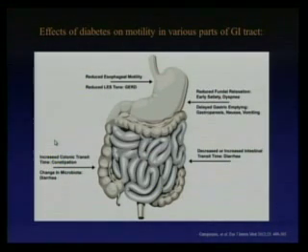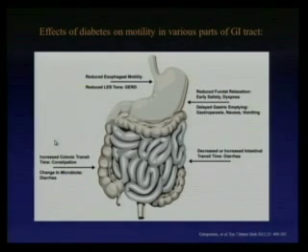As mentioned on the previous slide, diabetes can attack any organ in the body, and that includes any organ in the GI tract. So you can have a reduction in esophageal motility, leading to symptoms of dysphagia. Chronic diabetes can reduce the resting basal tone of the lower esophageal sphincter and result in increased reflux symptoms.